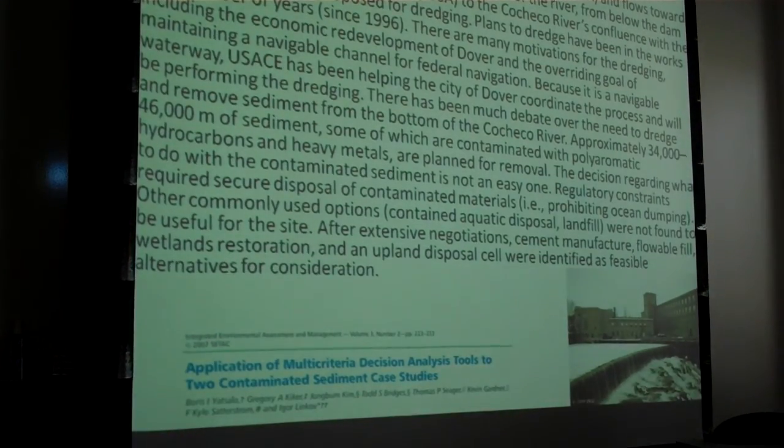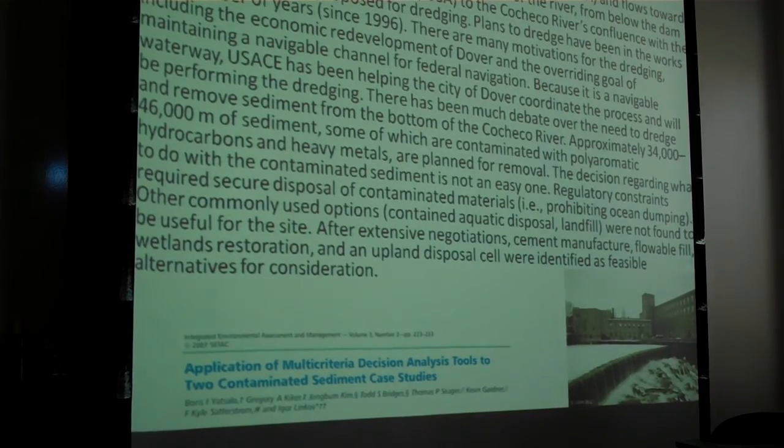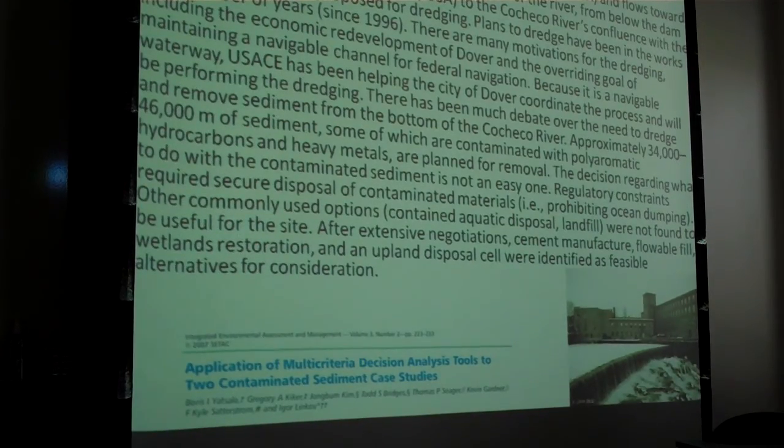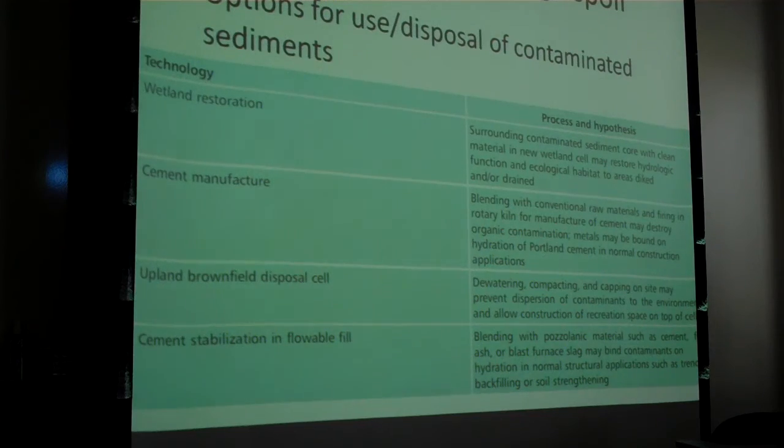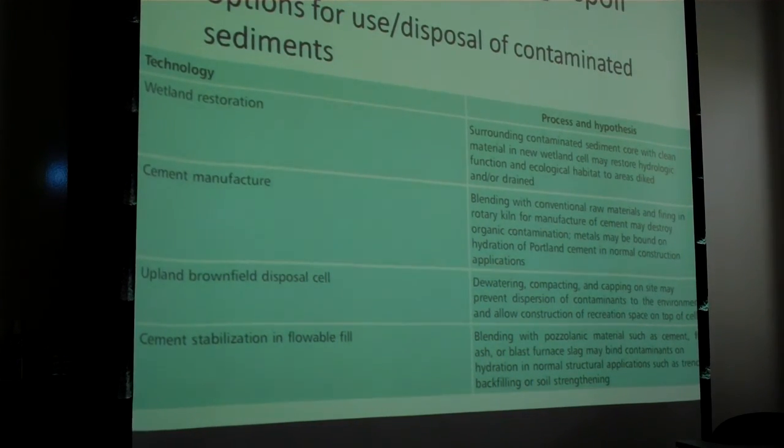It's been decided that these sediments need to be dredged, I think in order to maintain the navigability of the river. And so the question is what to do with these contaminated sediments. And there were 4 options put on the table.